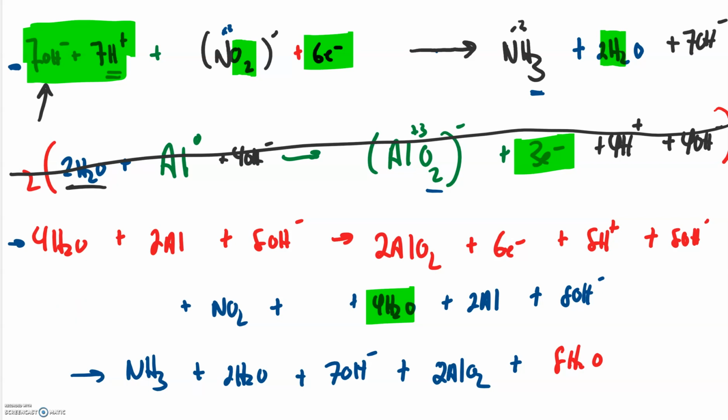So now we have 11 molecules of water on this side. And to make things even a bit more simple, because we have 11 molecules of water here and 8 here, these cancel these out and leave us with 3.